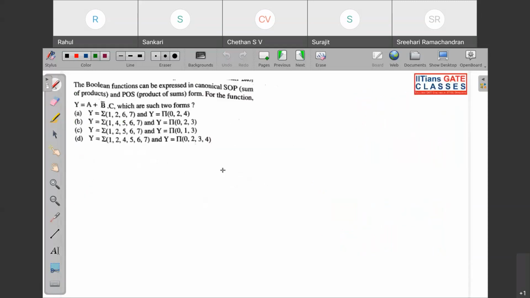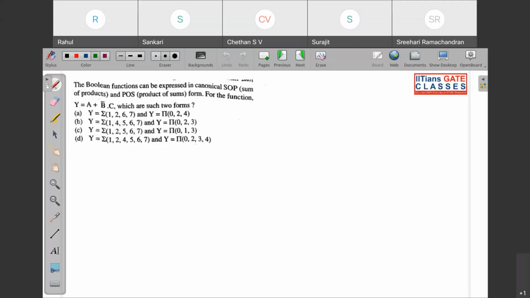Now solve this question very quickly. So what is given in the question?